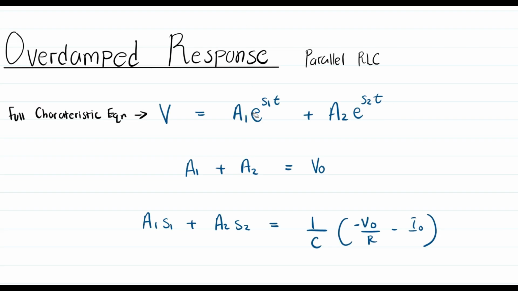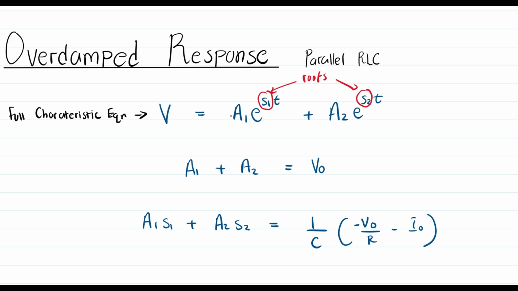So now let's look at the overdamped response of a parallel RLC circuit. In many cases we will be using this equation right here, the full characteristic equation for an overdamped response parallel RLC circuit. As you can see, we have S1 and S2, which are the roots of the equation.